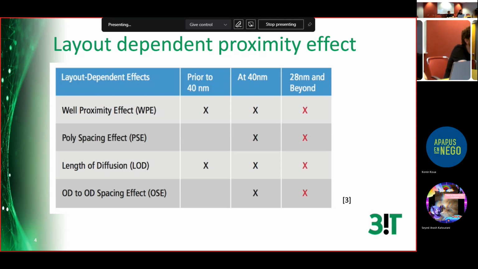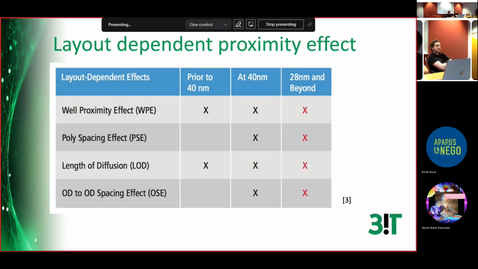So poly spacing effect is just to say that different spacing has a different effect. You mean when the different polys are far away, they have a problem? You are talking about this? Polys of two different transistors should be close to each other, but not too far away? Not exactly that.